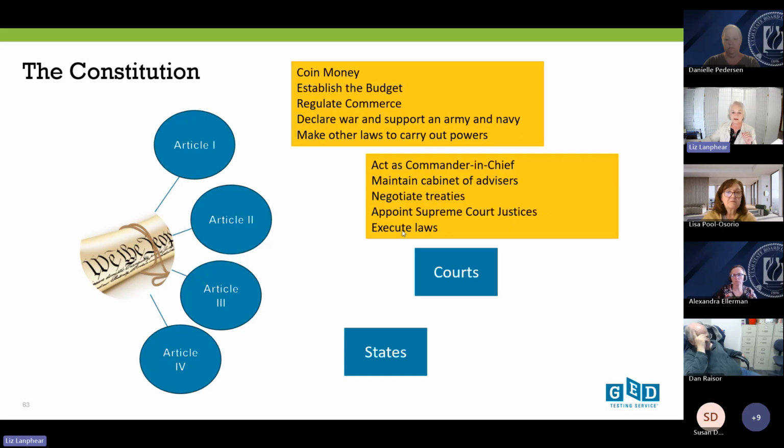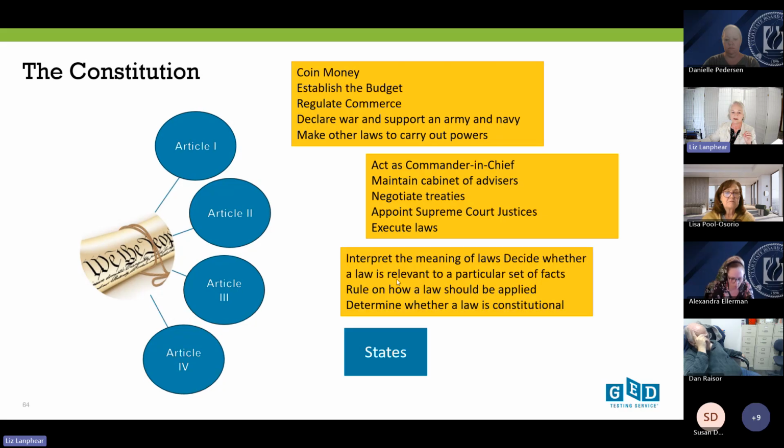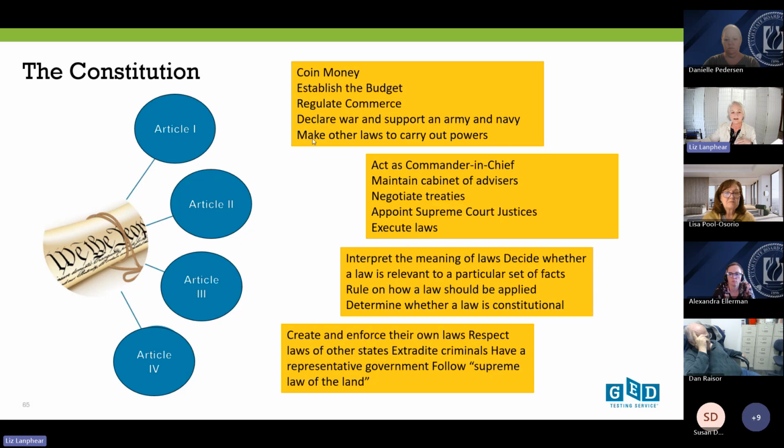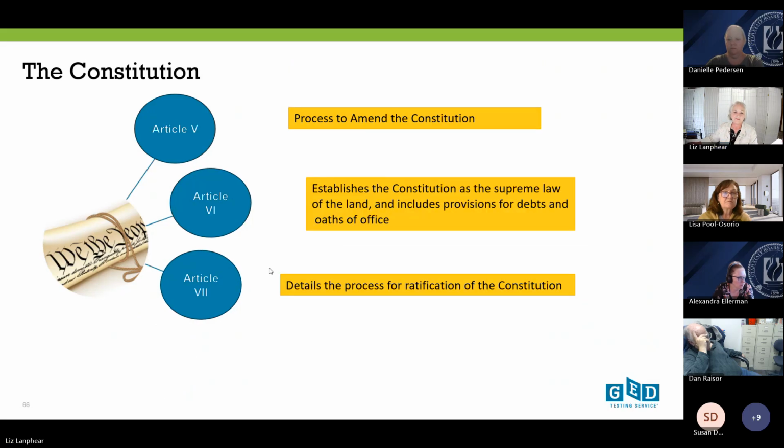The president, these are the things that are his responsibilities. The courts, the states. So things like this help teach them those and keep those in their mind. And then Articles 5, 6, and 7 are these items.